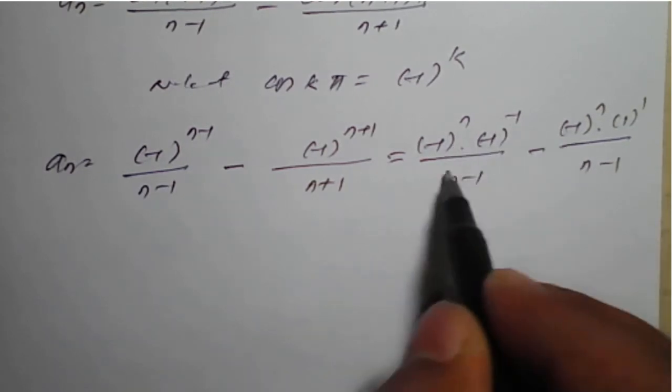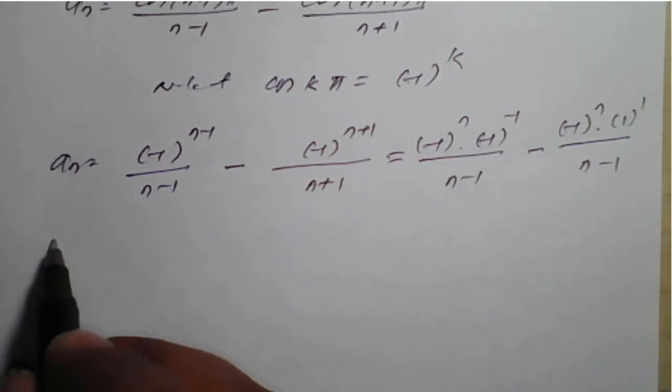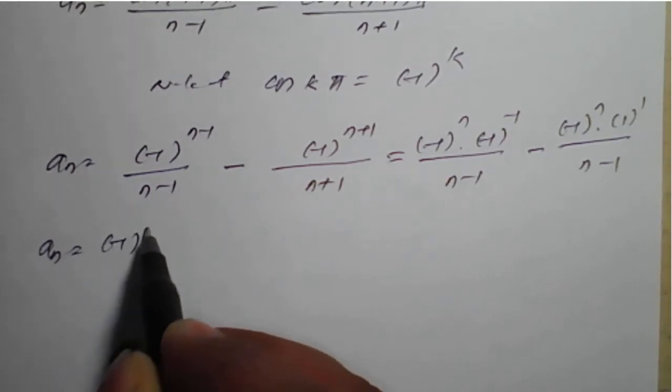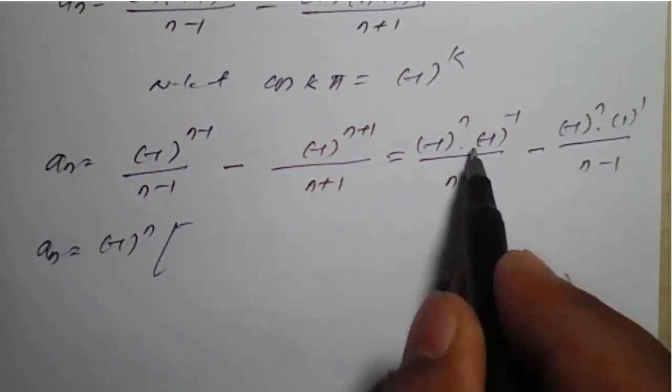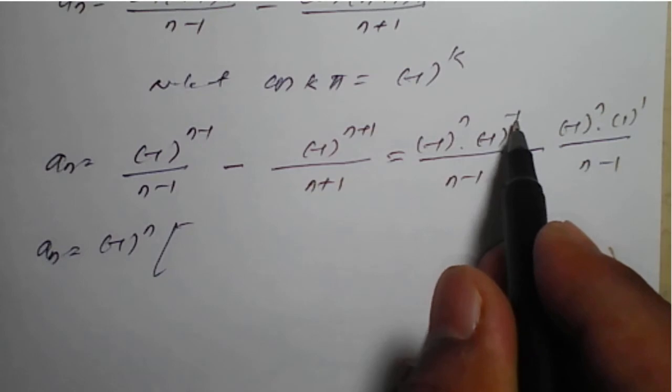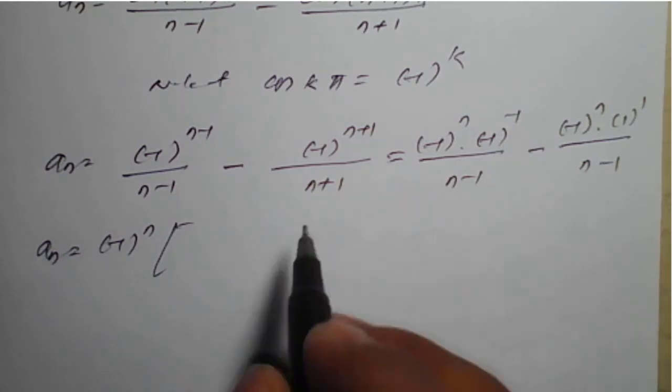So among these two terms, minus 1 raised to n I will take common, and minus 1 raised to 1. So minus 1 raised to minus 1 is nothing but minus sign only.